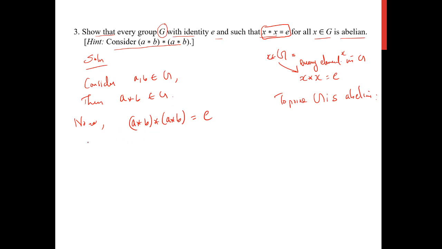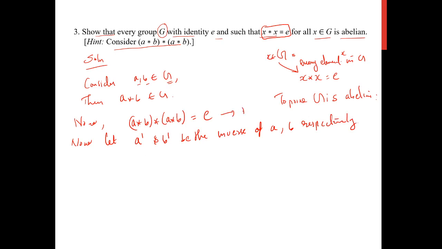Now let A dash and B dash be the inverse of A, B respectively, since G is a group, A, B belongs to G, the inverse exists.